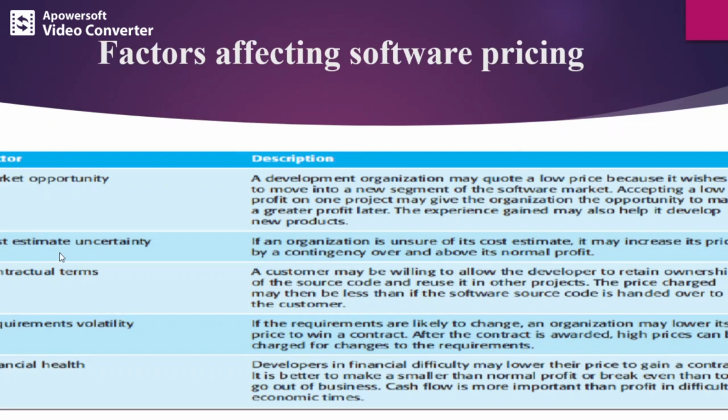Next, second one, cost estimate uncertainty. So here is cost estimate. Suppose you have started your project and you have finished it. Somehow you have managed to finish it and you have come up with the product.